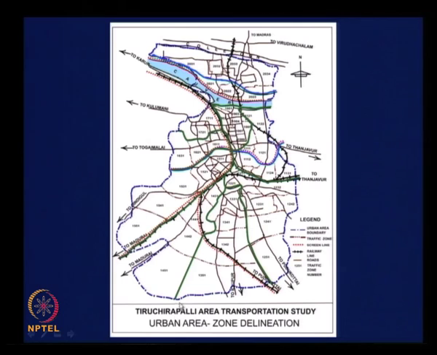That can be adopted or followed if possible. If necessary, you can have a different guideline to fix the sector boundary. What they have done here is they have just taken the revenue boundary or the consecutive ward boundaries as a guideline, so that within a sector they will have a clear cut number of traffic zones, right. If a sector line passes through the middle of a traffic zone, then there will be a confusion, is it not.